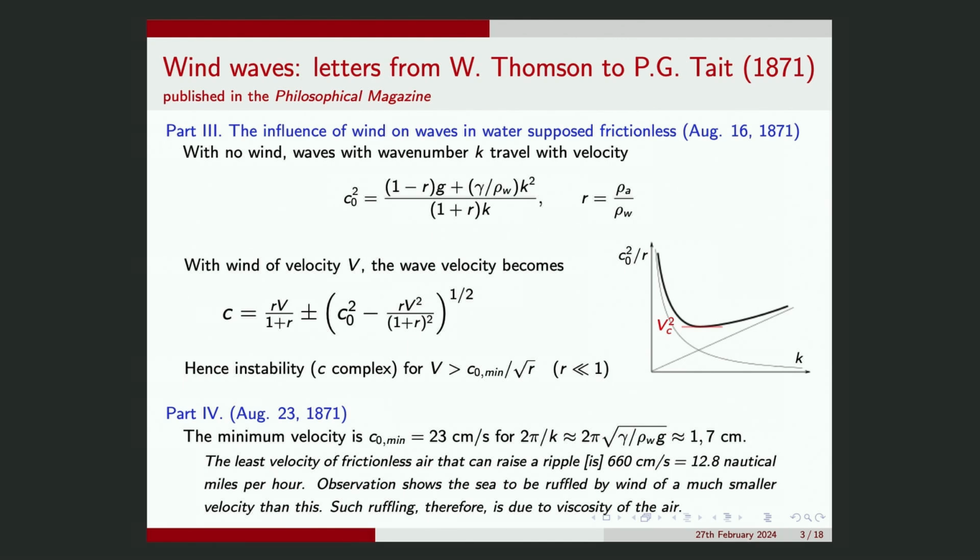Kelvin says: the least velocity of frictionless air that can raise a ripple is 660 centimeters per second, which is 12.8 nautical miles per hour. Observation shows the sea to be ruffled by wind of a much smaller velocity than this. Such ruffling, therefore, is due to the viscosity of air.